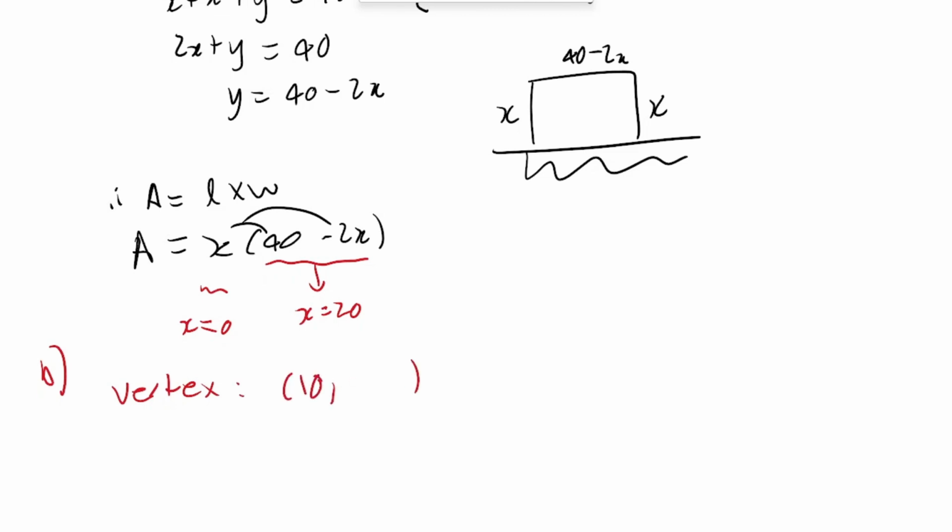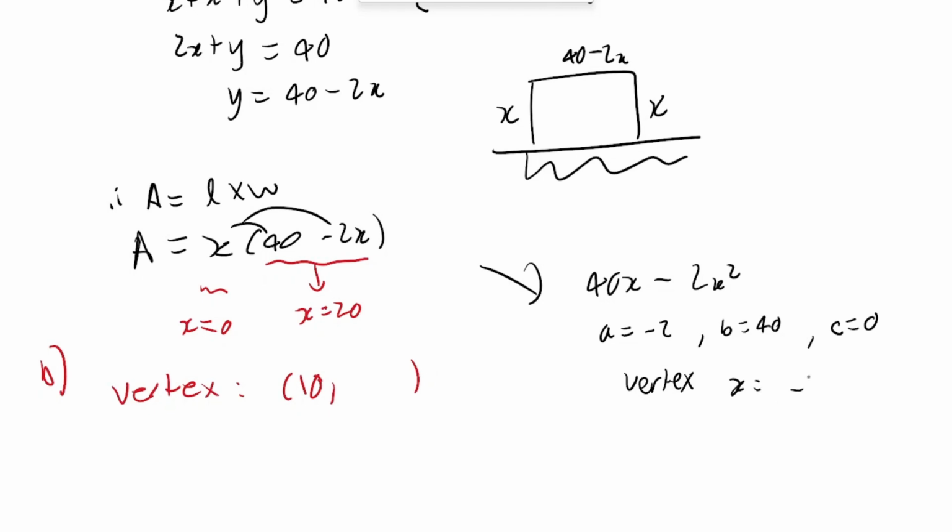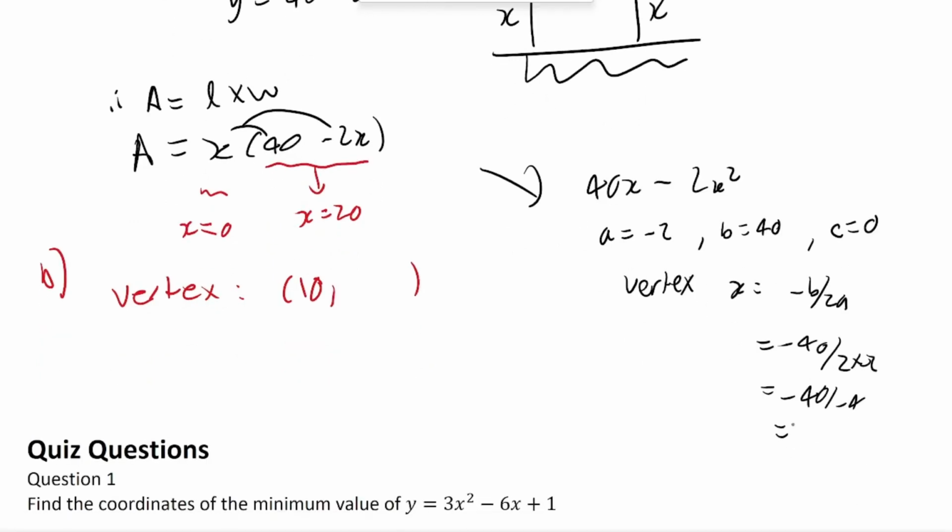The other way that you could do this is you could expand it out. You could go 40x take 2x squared. So that would tell us a is -2 and b is 40 and c is 0. So that tells us the vertex has an x coordinate of -b over 2a, which is -40 over 2 times -2, which becomes -40 over -4, which again is 10.